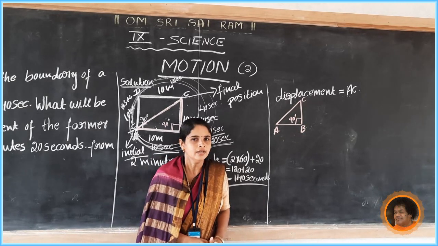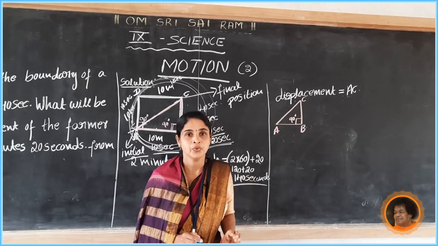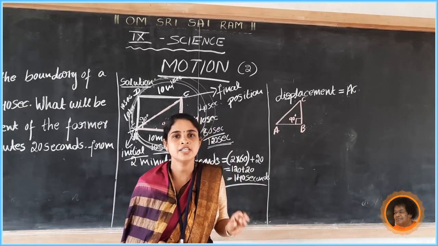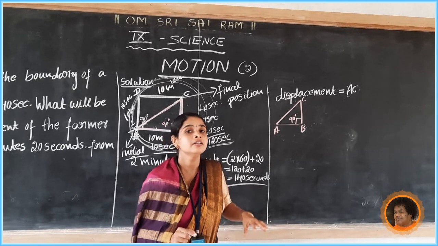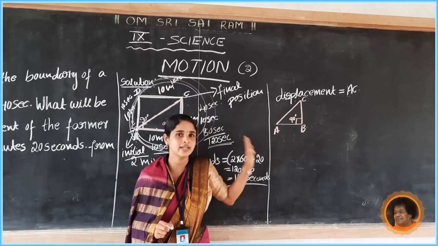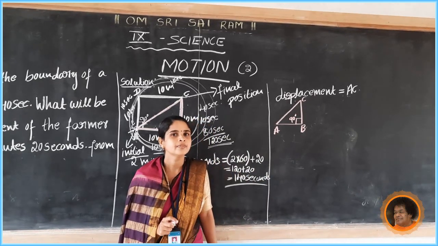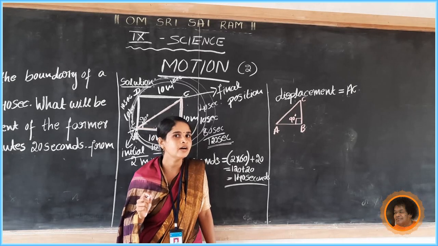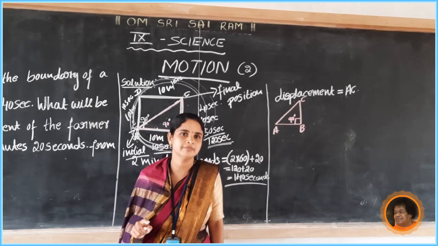Okay. In mathematics, one theorem states the relationship between the sides of the right angle triangle. Which theorem is it? It is the Pythagoras theorem.